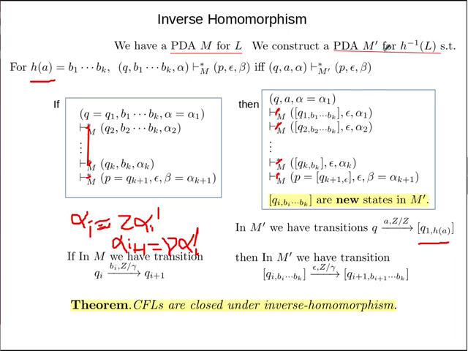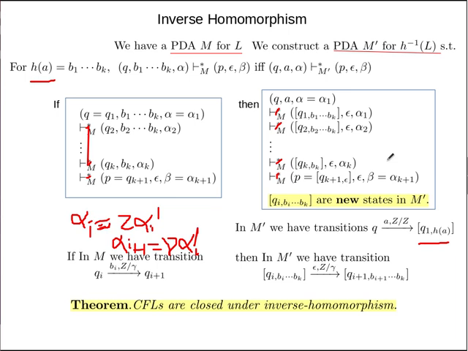And since we are considering acceptance by final state, the final states are the same, and that makes sense for M prime, because all the states here are also states here, and the final states will be a subset of the states here. So we will use the same final states for M and M prime.